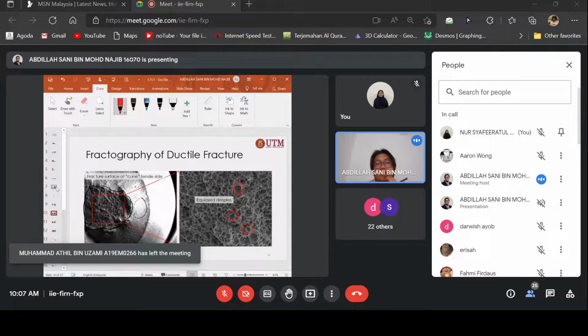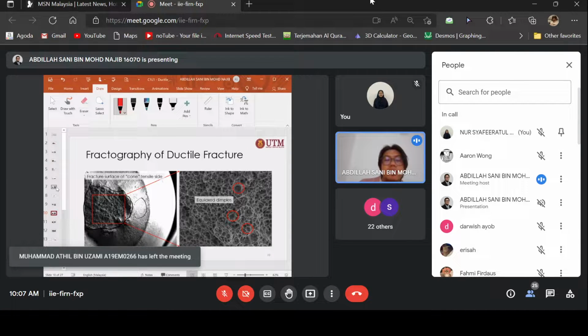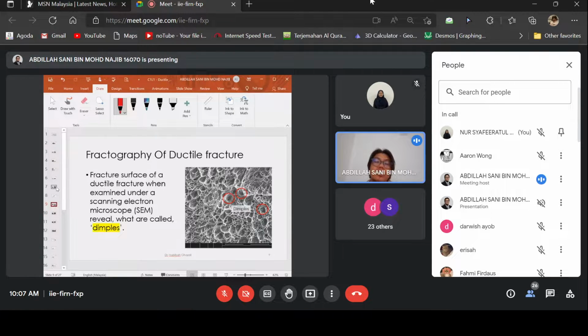the fracture, and we could now differentiate between the type of the fracture, whether it is brittle or whether it's ductile. Okay, there are some characteristics that are known from the microstructure of the fracture.